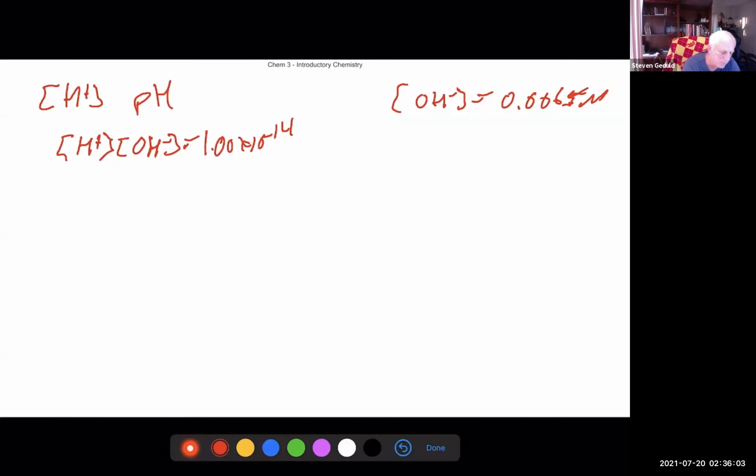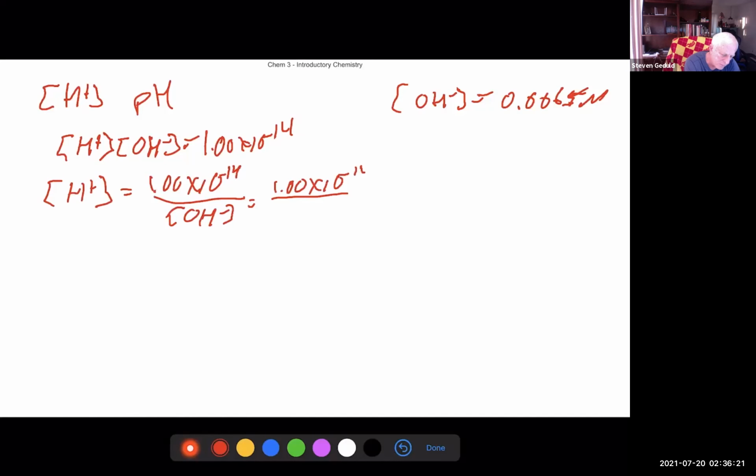We have the OH, so we can calculate H plus equals 1.00 times 10 to the minus 14 divided by OH. Rearranging our equation, we divide by our OH concentration of 0.0065.